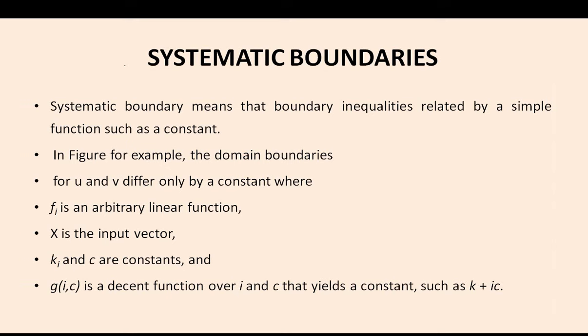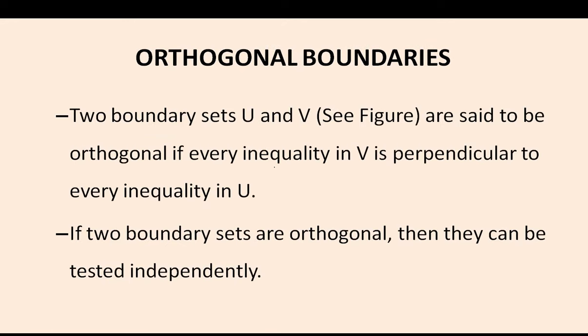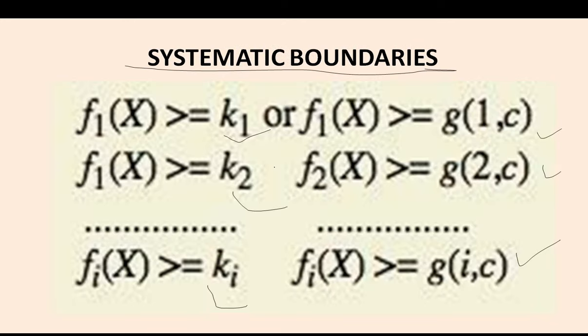So what is a systematic boundary? A systematic boundary means the boundary inequality is related by simple functions like a constant. Even very minor inequalities can be represented by a constant. The domain boundaries U and V differ by only one constant, see here.